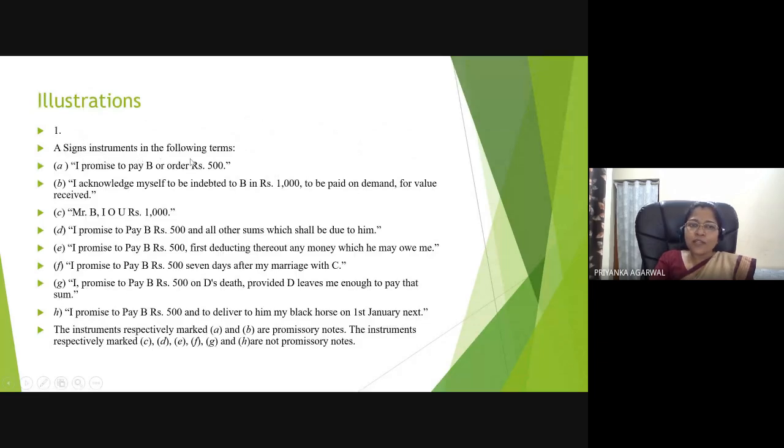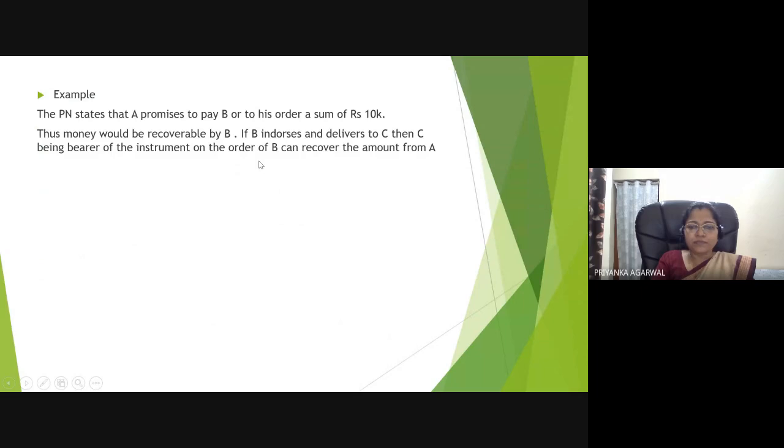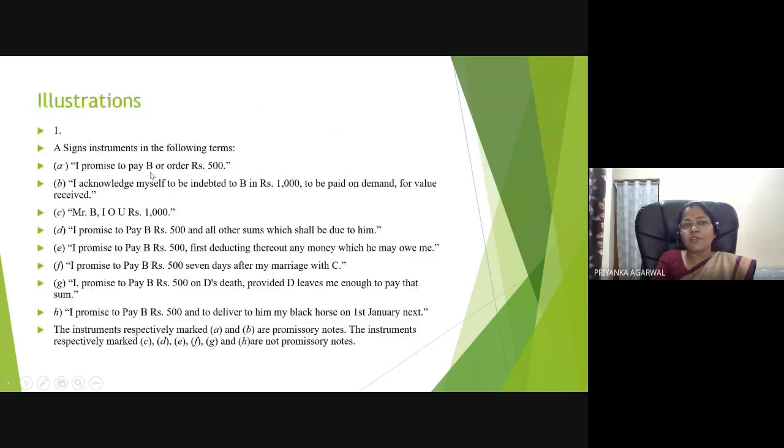A signs an instrument in the following terms: I promise to pay B or order rupees 500. Do you think this is a valid promissory note? I promise to pay B or order rupees 500.